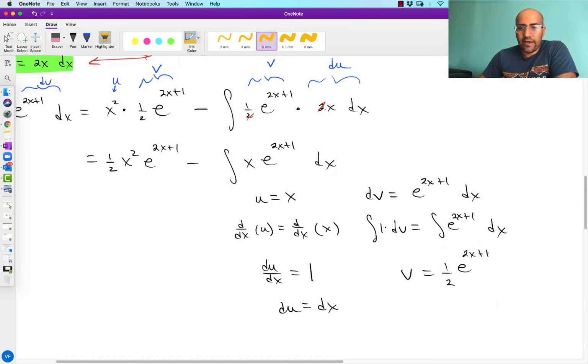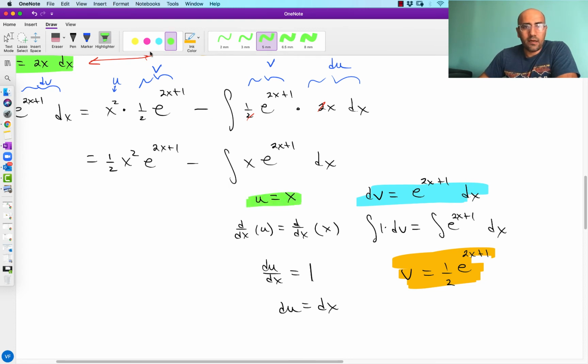And so again, we have all the values we need, that guy, this guy, this guy, and this guy. So we have all 4 parts, and so the product of these two minus the integral of these two.